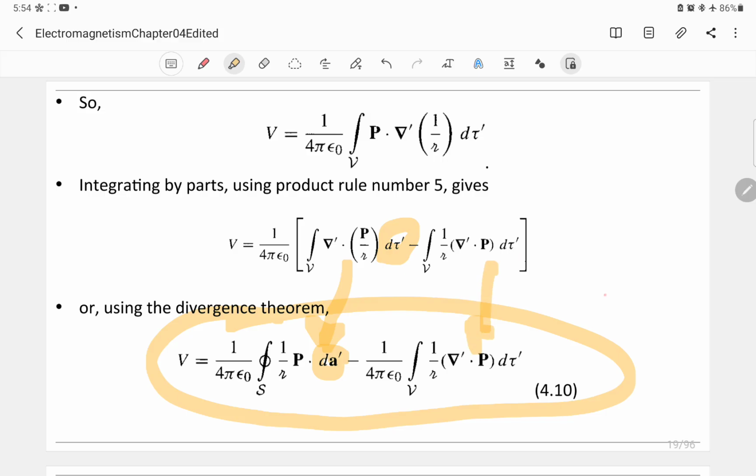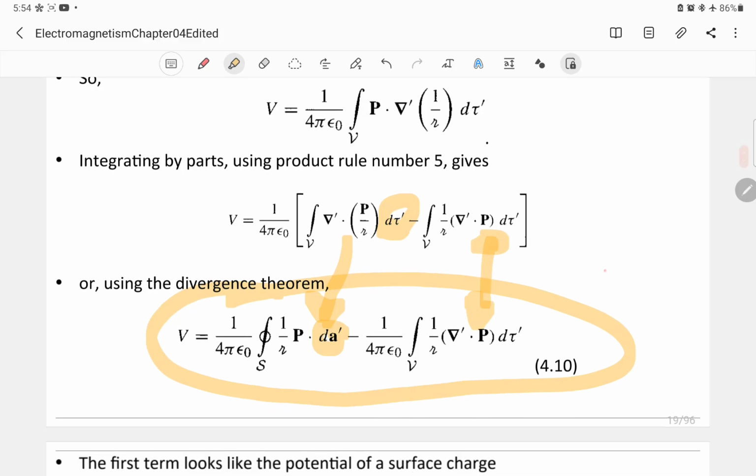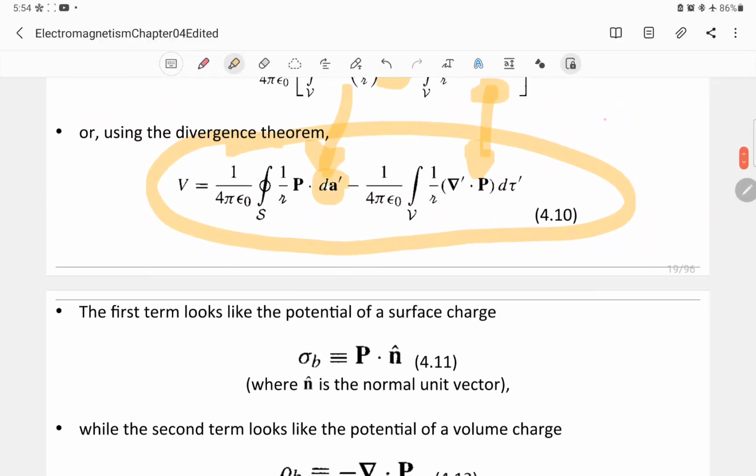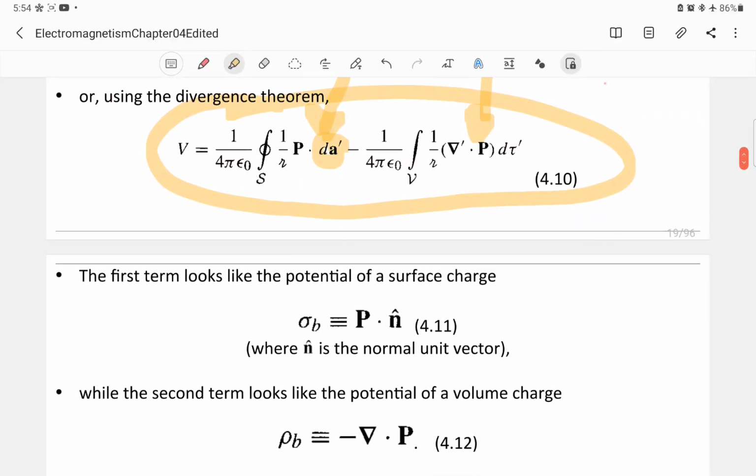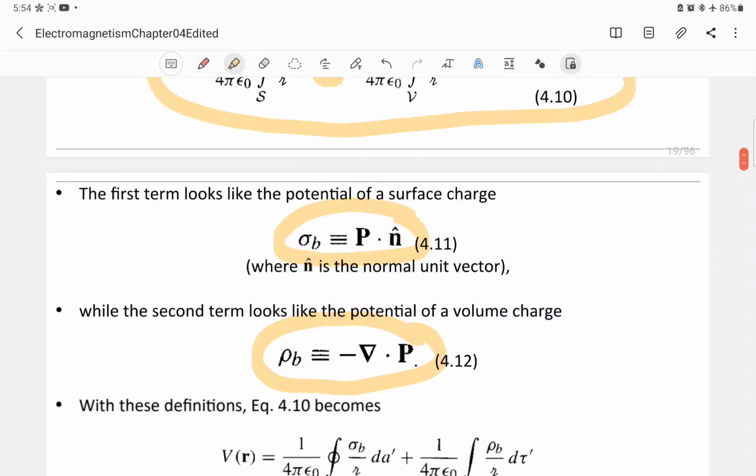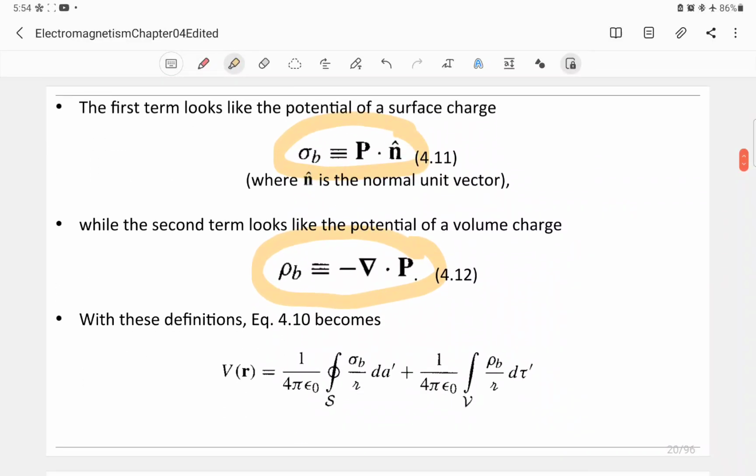You just rewrite this in the same way. So the first term looks like the potential of a surface charge, and the second term looks like the potential of a volume charge, as you may have seen in the previous lectures. So therefore the potential would be written that way as well.